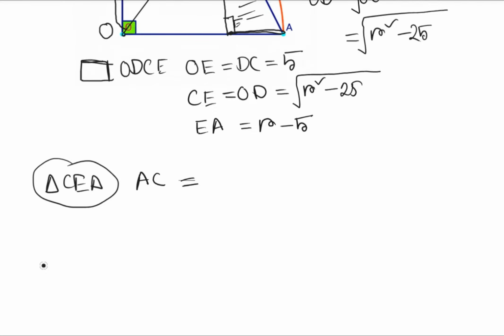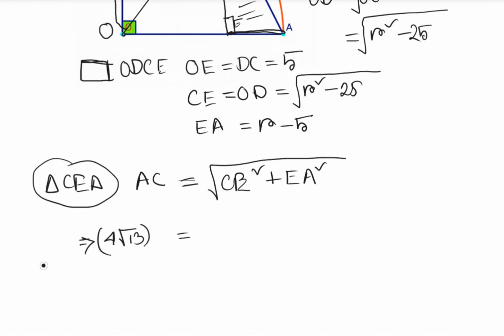AC is the hypotenuse, so it is equal to CE square plus EA square. The value of AC is 4 square root of 13, whole square, and CE is the square root of R square minus 25.